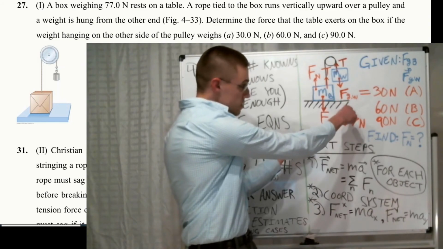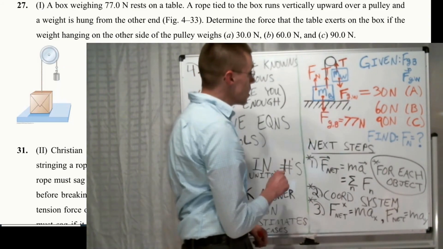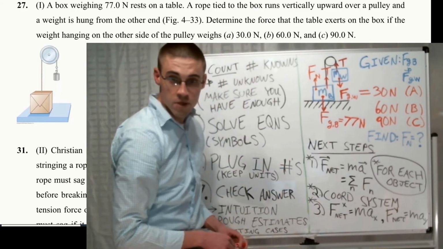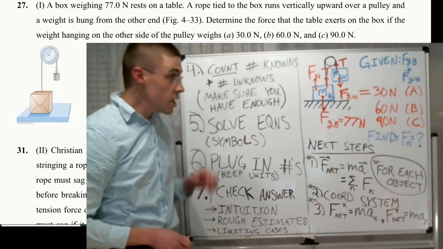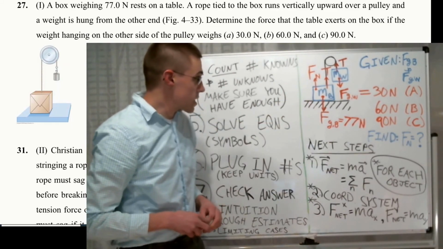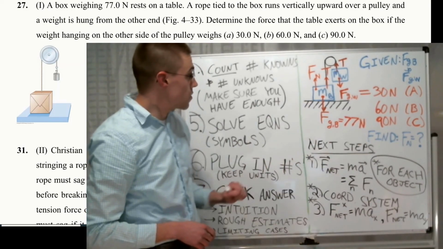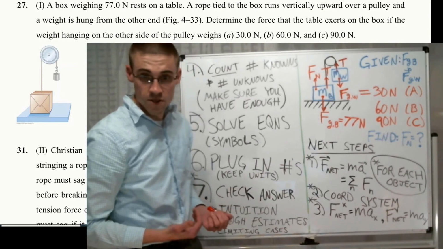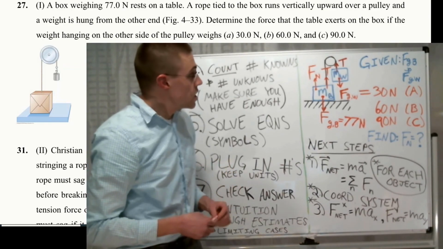So each one has a force from gravity pulling down, and each one has a tension force pulling up. Right, there's a tension force there, and there's a tension force there. And there's also this normal force here on the box, which is resting on the surface. No normal force on the weight because it's not resting on a surface, right? There's just tension and gravity, otherwise known as weight.